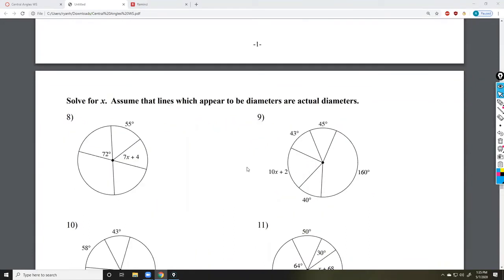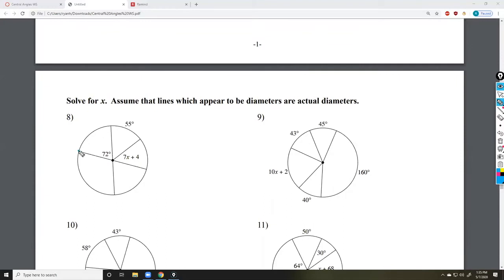Even though there are more complicated expressions going on in 8 and 9, the key idea is that we're going to trace out the parts that we know and what we're trying to find and see how far we get around the circle. And that's going to inform what equation we set up and what we add together. What numbers are we adding together? We're adding the numbers that we're told, basically.